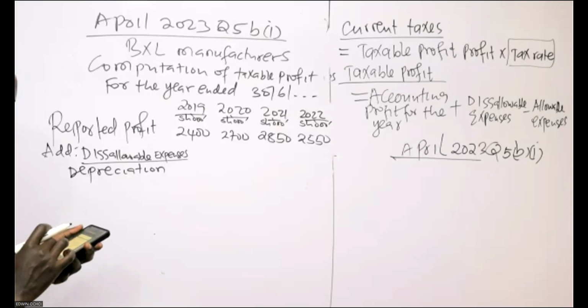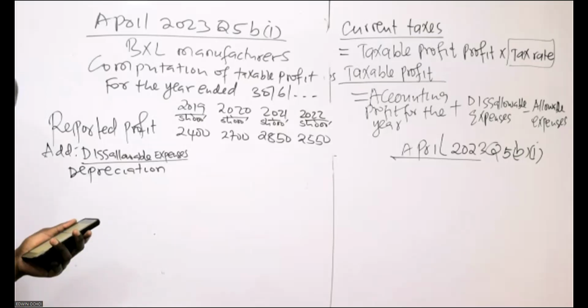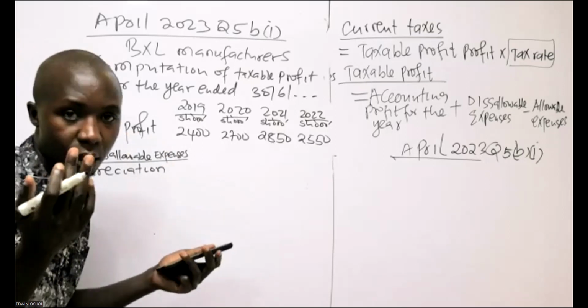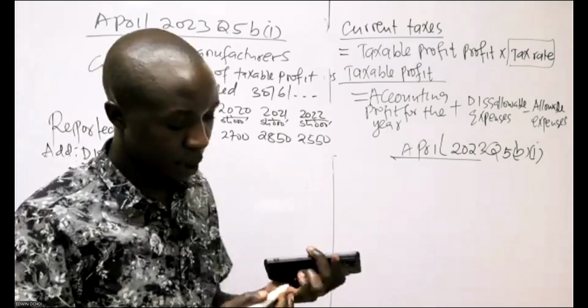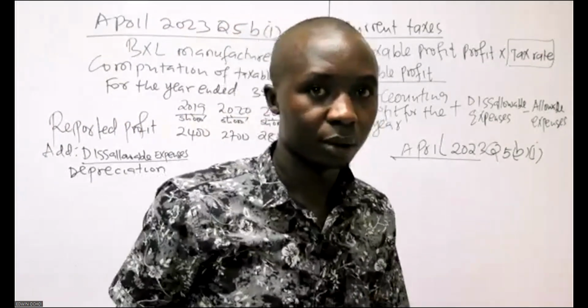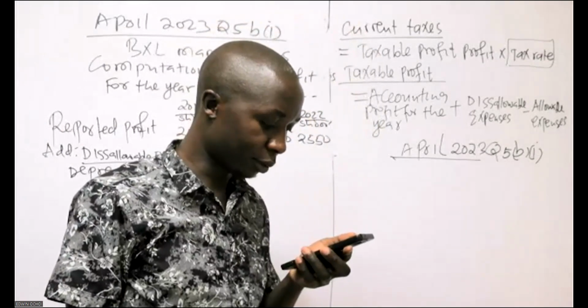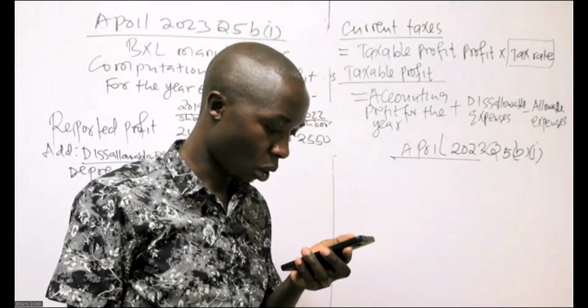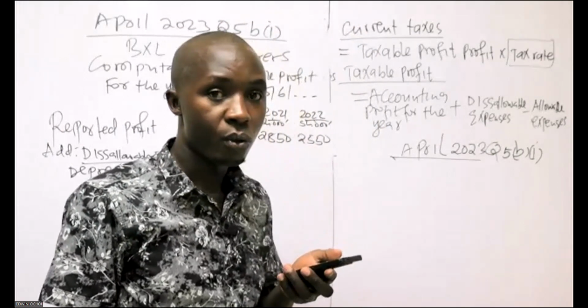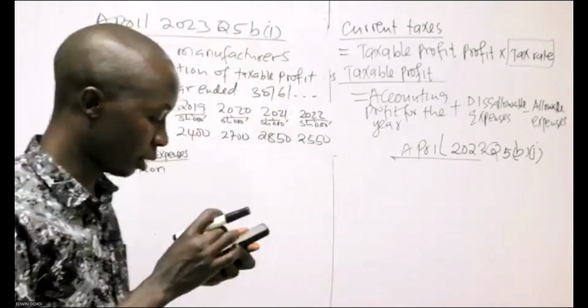So the value of the asset was stated at what? Mary, the value of the asset is stated at what? 12 million. So the percentage of depreciation given is 25% per annum on a straight line basis.